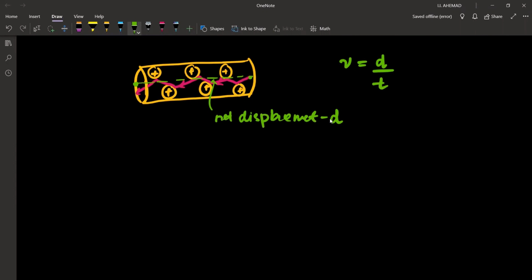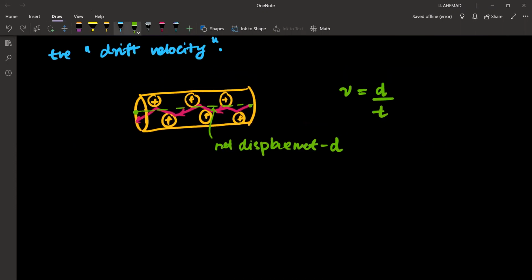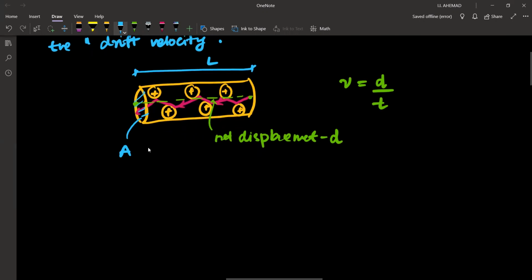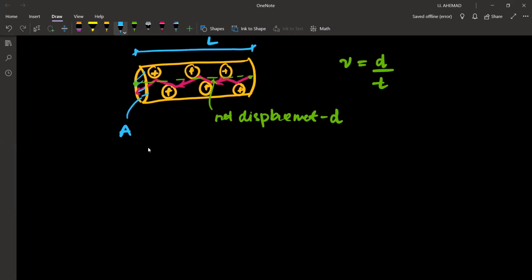Let's say the length of this conductor is L, and the cross-sectional area of this is A. I'll mention, consider length L of a conductor.